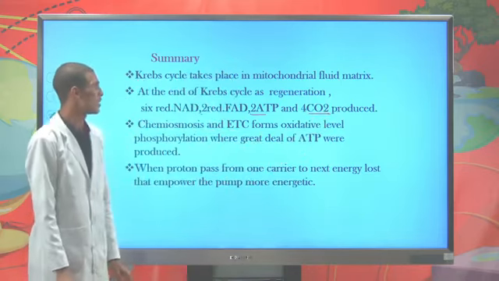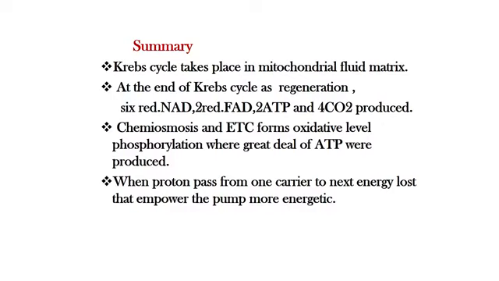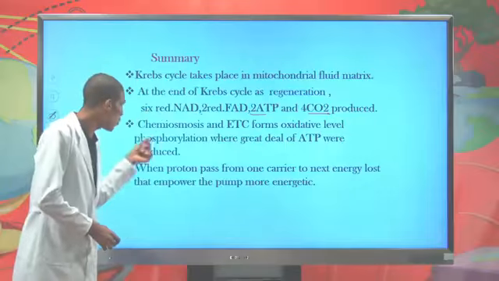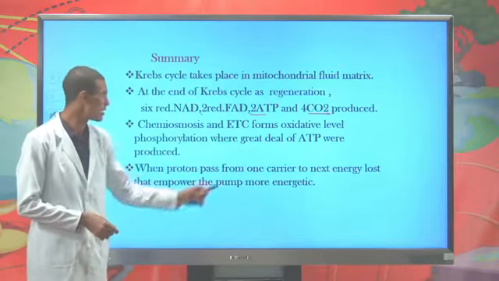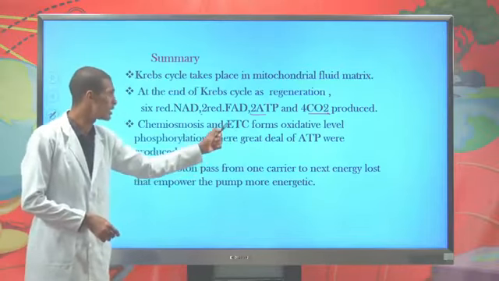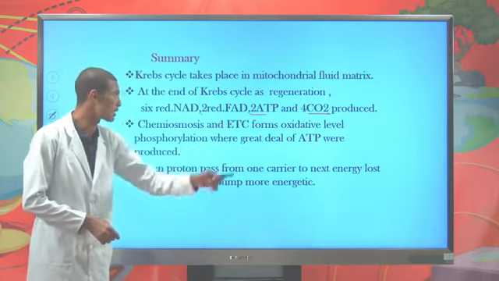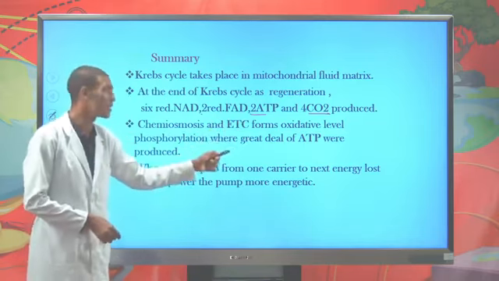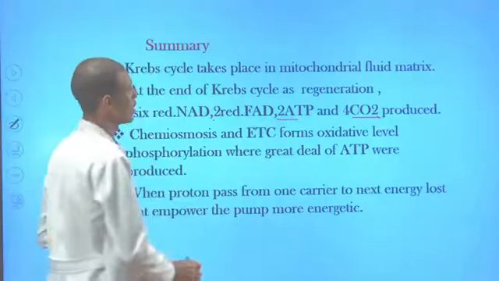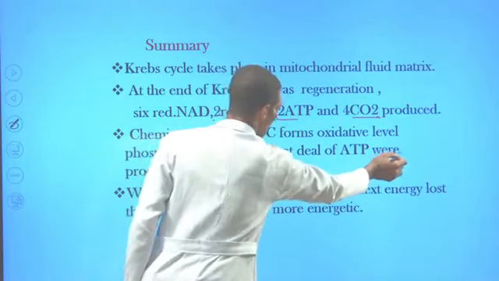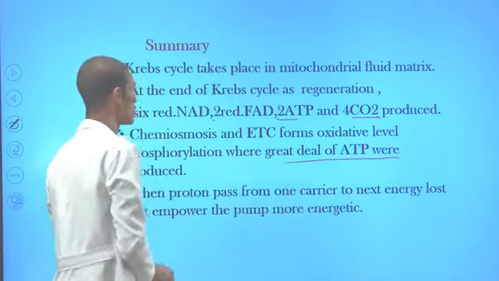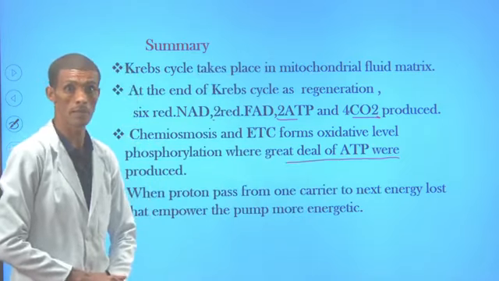And then again, oxidative phosphorylation, which includes both chemiosmosis, the passing of protons through ATP synthase, and the electron transport chain, the transfer of electrons from one carrier to another, is a great reason for the production of enormous ATP, which takes place in the mitochondrial inner membrane.